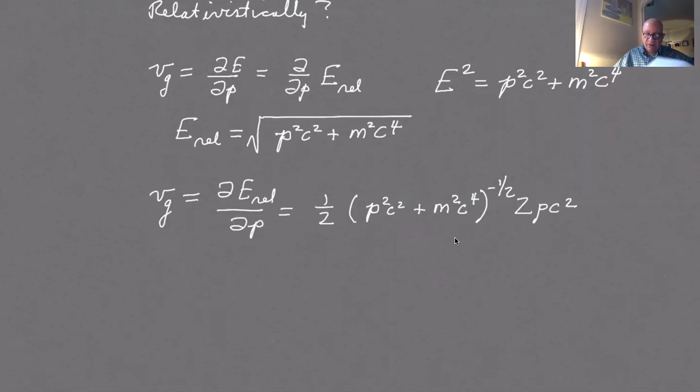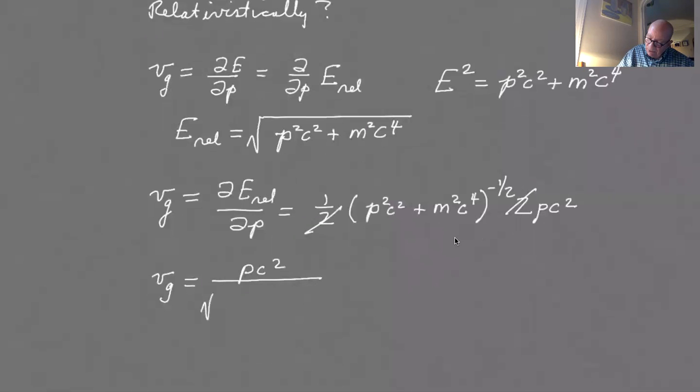After the 2's cancel, the group speed v g is going to be pc squared over the square root of p squared c squared plus m squared c to the fourth, which is pc squared over E relativistic. Okay, beautiful.